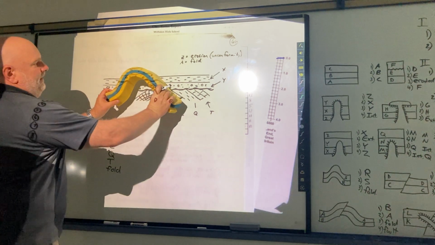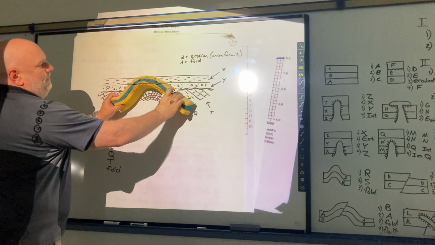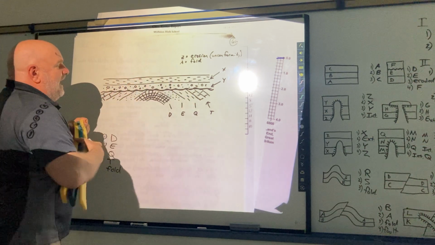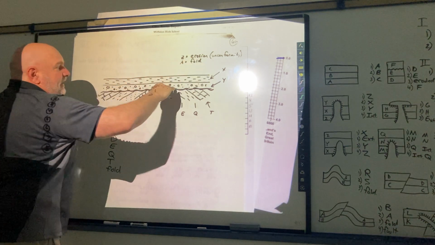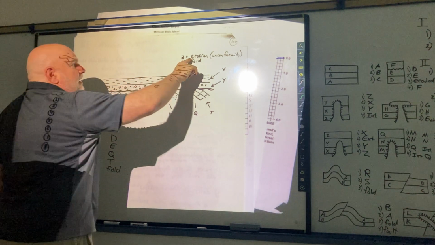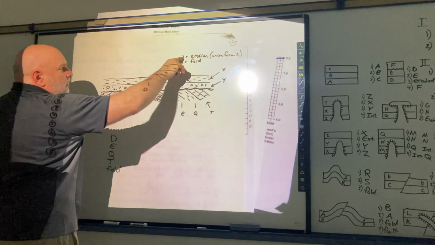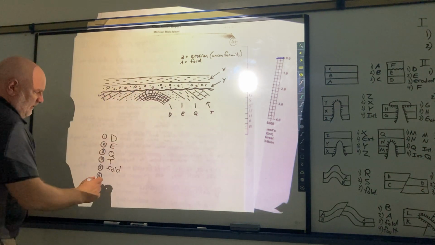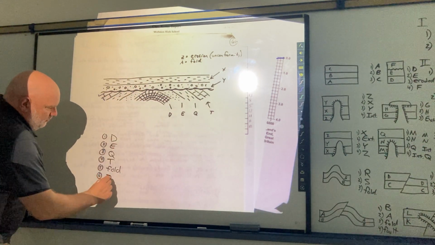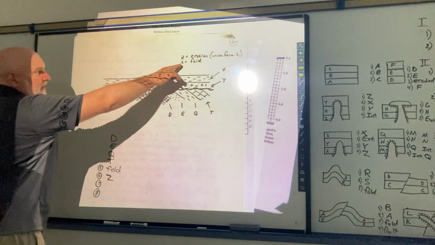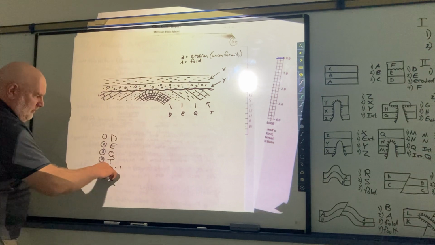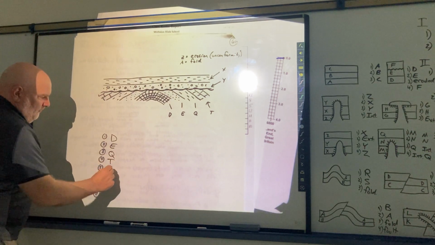But then the top of the fold eroded away. When rock layers are eroded away and you're missing stuff, we call that erosion or an unconformity. So we call that Z. So the rock layers eroded away at Z. Oh, and by the way, for a fold, I'm supposed to write the letter A. So the fold was A.